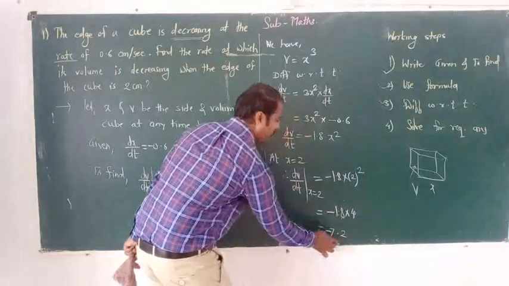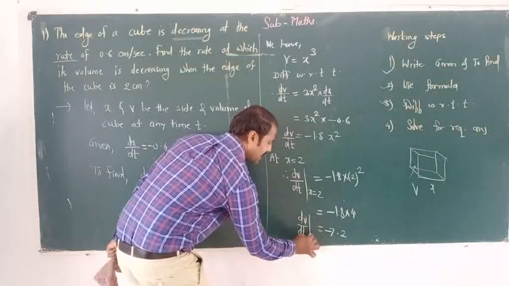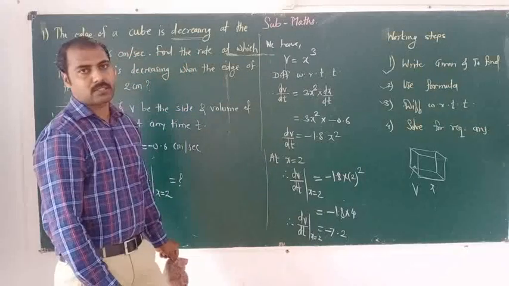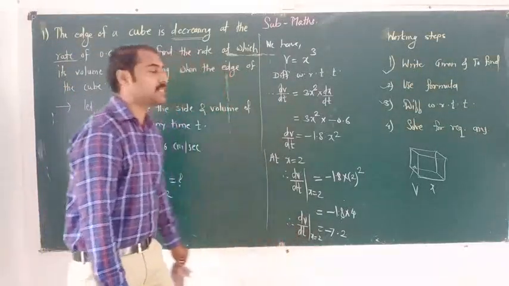It's minus 7.2. Negative sign indicates that volume is decreasing.